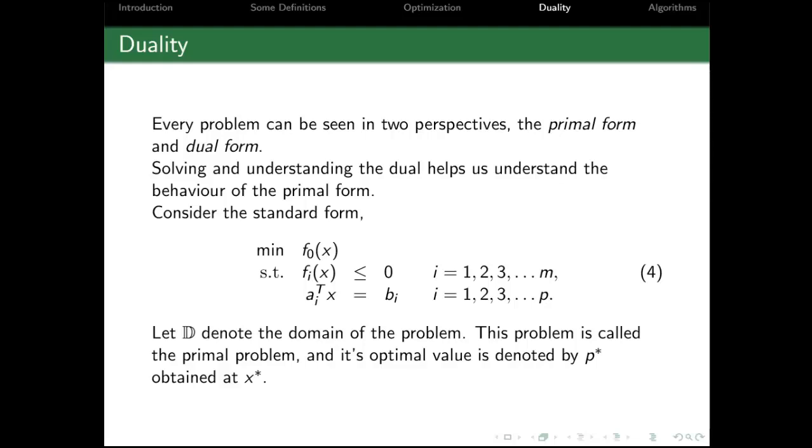The dual form might be easier to solve and also gives us some understanding of what the solution of the primal form may be. Before going ahead, let me just recap the notation which we are going to use. This is the standard convex optimization problem, and when I say p star, it denotes the optimal value of this problem, and the value of p star is attained at x star, which is the optimal solution.